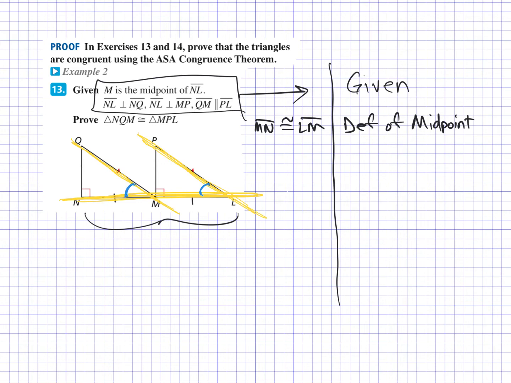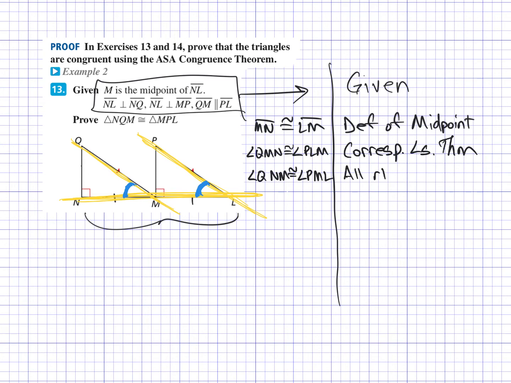corresponding angles congruent. Okay, so we can say angle QMN is congruent to angle PLM. And that would be the corresponding angles theorem. And we can also say angle QNM is congruent to angle PML.